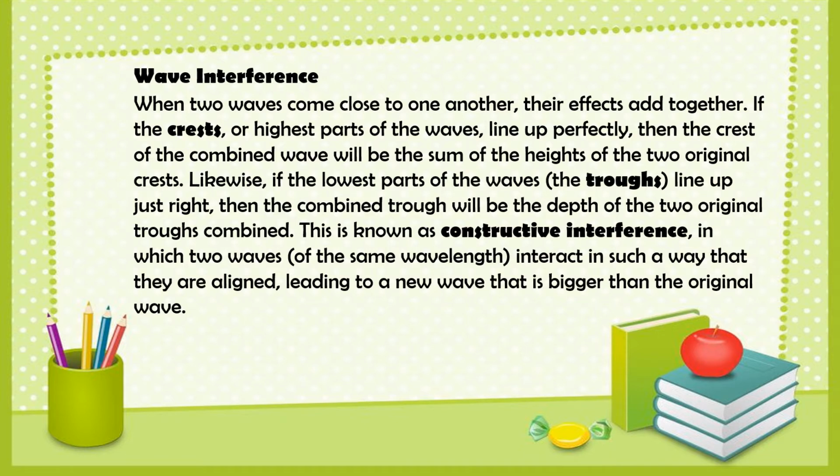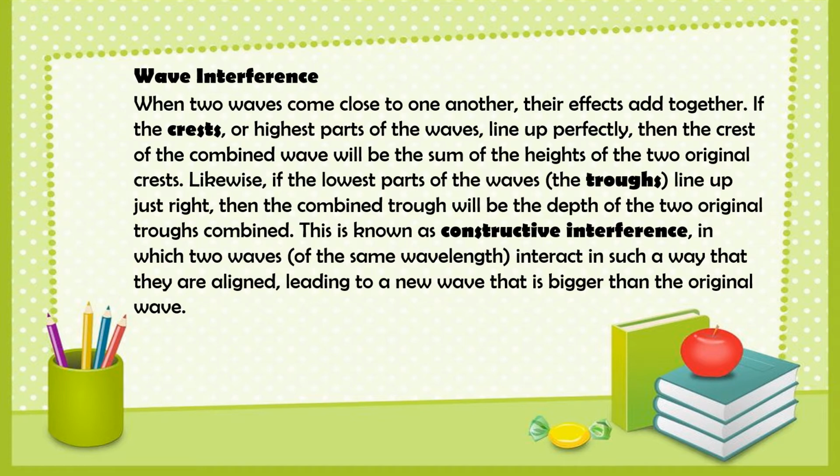So wave interference: when two waves come close to one another, their effects add together. If the crests, or highest parts of the waves, line up perfectly, then the crest of the combined wave will be the sum of the heights of the two original crests.